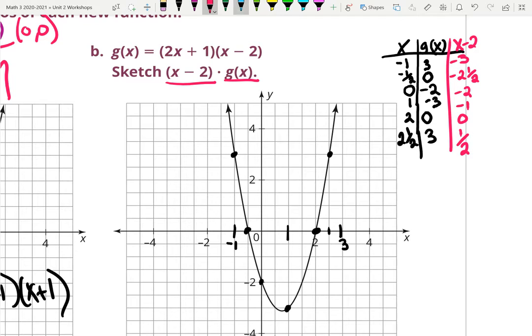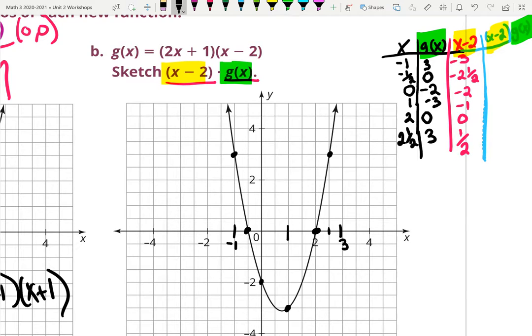Okay, now this is where the last part comes in. I am going to graph the product, the dilation of what two things? x minus 2 times g of x. And this is going to be the outputs for what I'm looking for. I am looking for x minus 2 being multiplied by g of x.